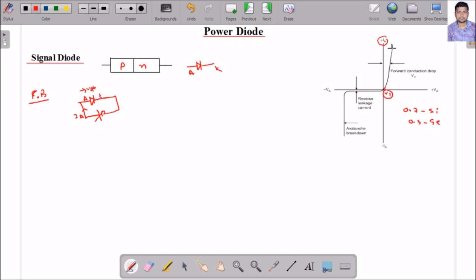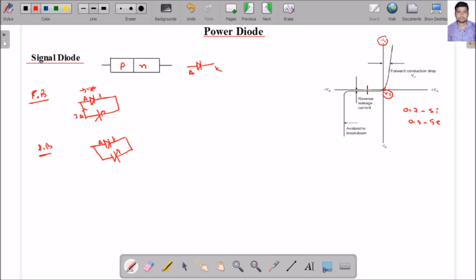Similarly, what is the reverse bias condition? When the cathode is more positive with respect to the anode, it is known as reverse bias. In reverse bias, a small amount of leakage current flows, in the range of microampere to milliampere.